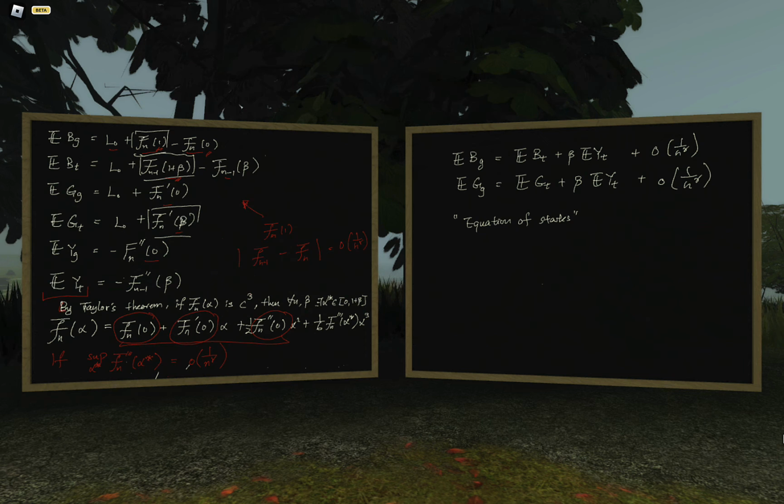So in learning models, we have a similar situation where the details of the learning machine and the details of the truth don't matter as long as they have the same L naught, F naught, and F naught prime.